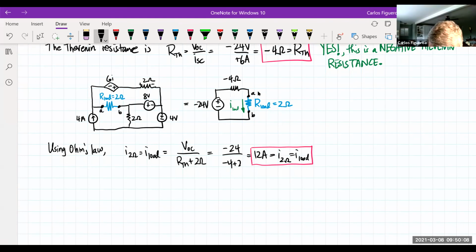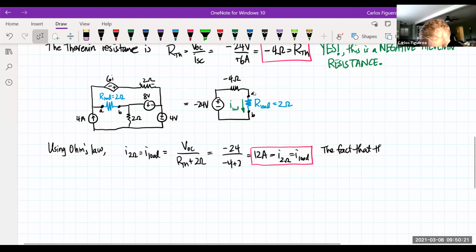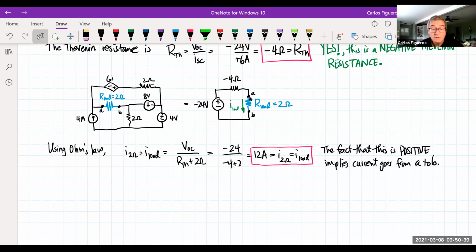This is node B. The fact that I got a positive current implies current goes from A to B.